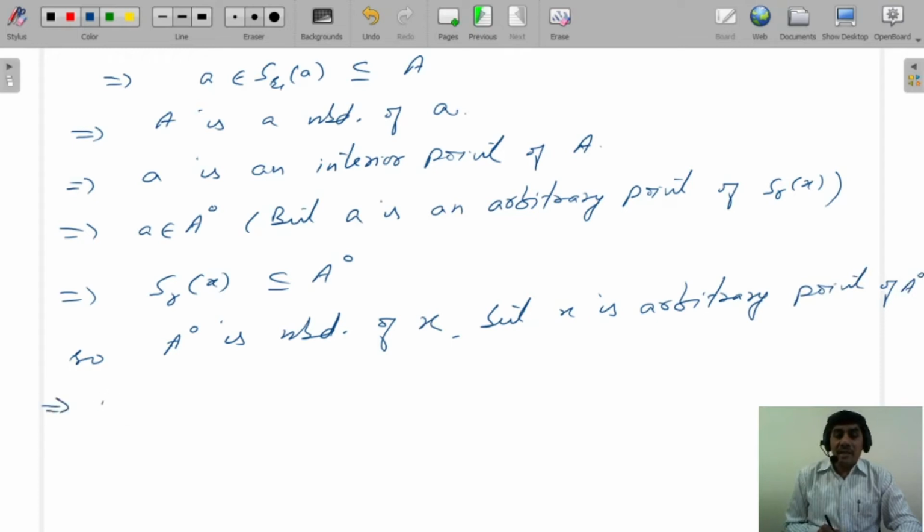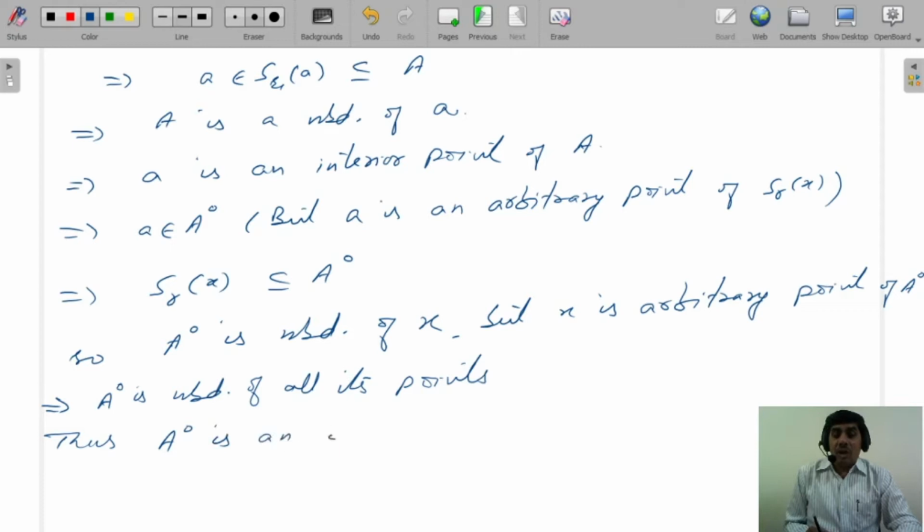This implies A interior is a neighborhood of all its points. Thus, A interior is an open set.